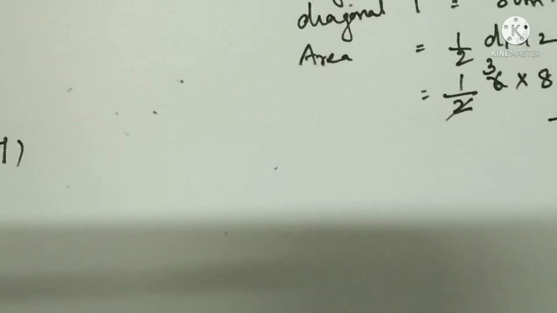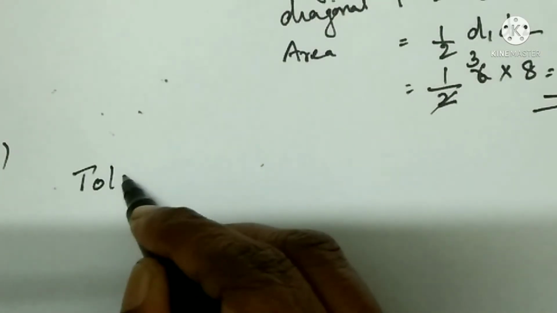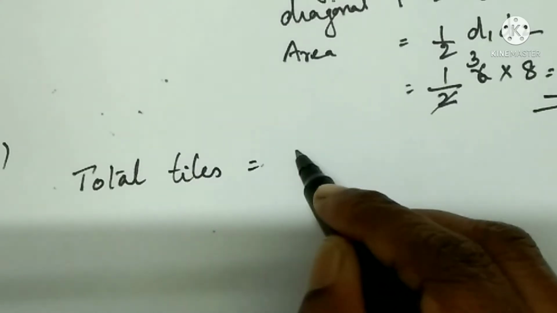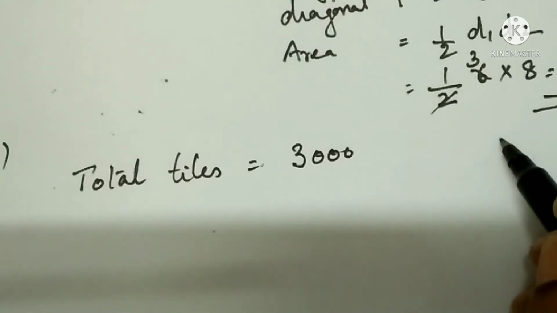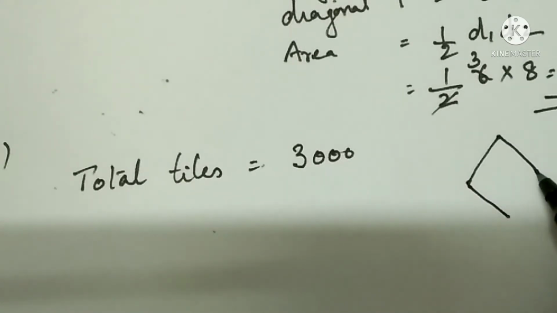So what is given here? Total tiles is equal to 3000 tiles. Now what is the shape of the tiles? It is in rhombus shape. What else is given? Its diagonals are given.